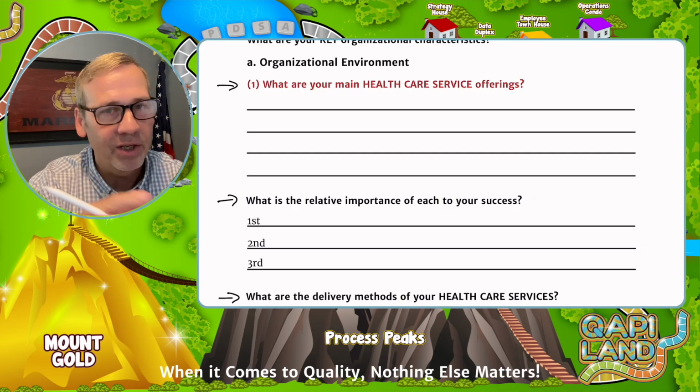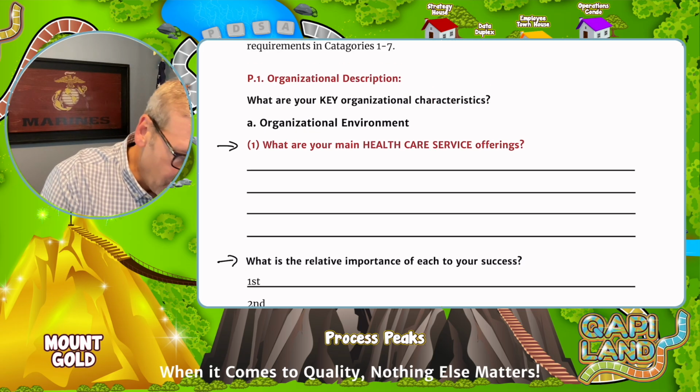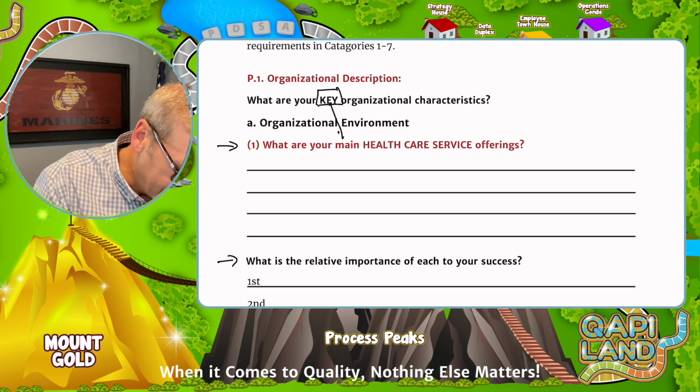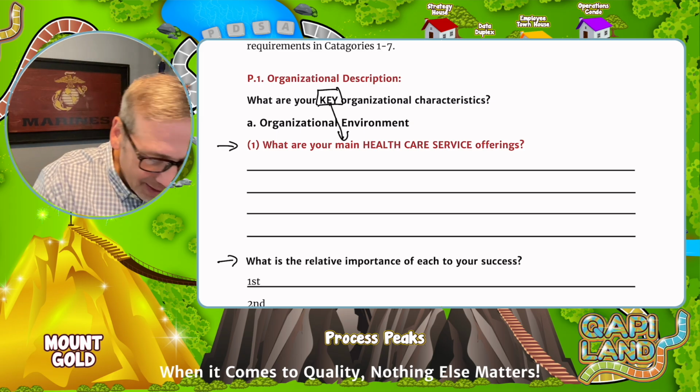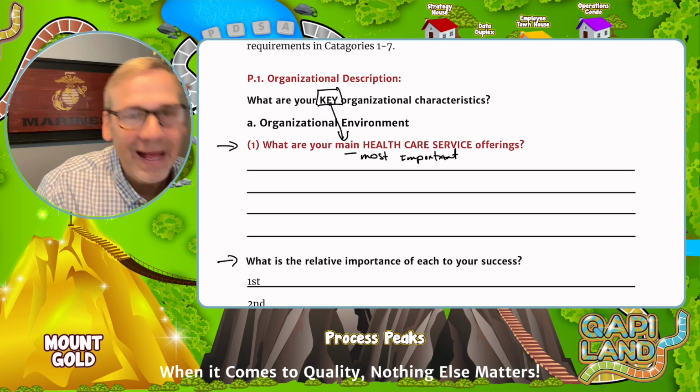And so the first question is, what are your main healthcare service offerings? I want to draw your attention to this word key. This word key is synonymous with this word main, and they both mean most important. That's what we're after.